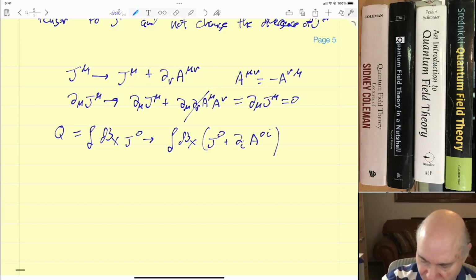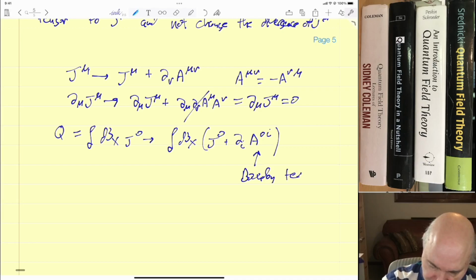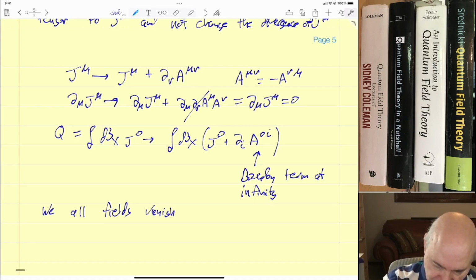And by the divergence theorem, this becomes a boundary term at infinity. And we assume that all fields vanish at spatial infinity.